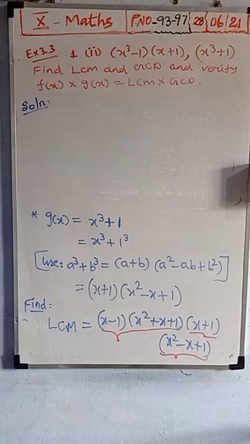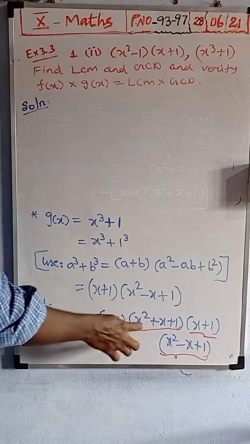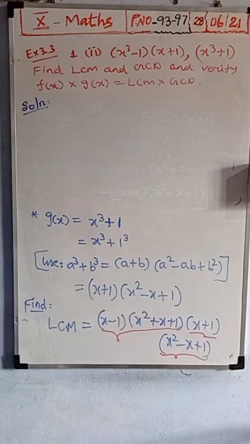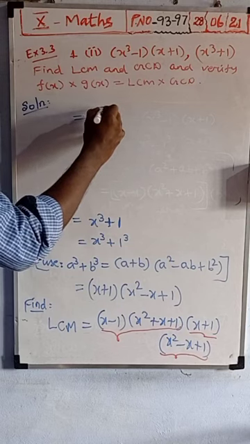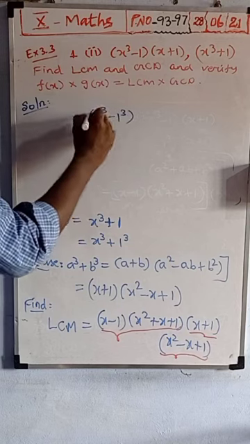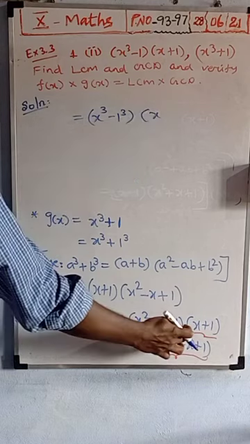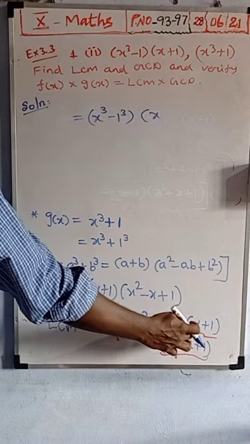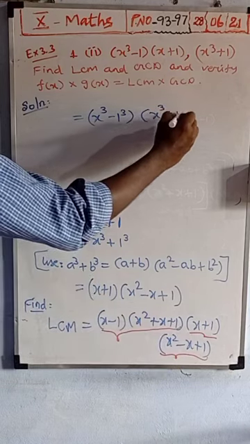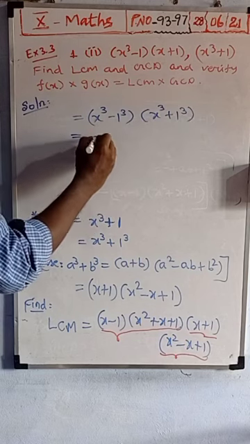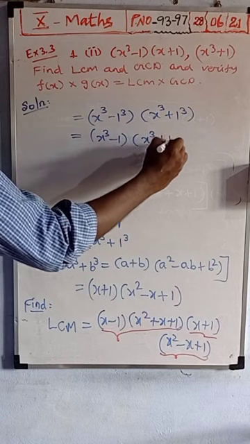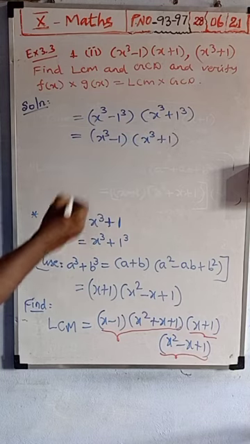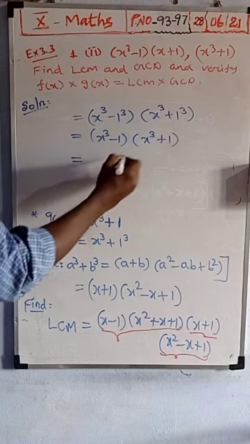See, this is a minus b of a square plus ab plus b square, so we can change this into a cube minus b cube. So x cube minus 1 cube. Next formula, a cube plus b cube, so x cube plus 1 cube. Now this is x cube minus 1 into x cube plus 1, where 1 cube is 1. Now we can apply the formula.